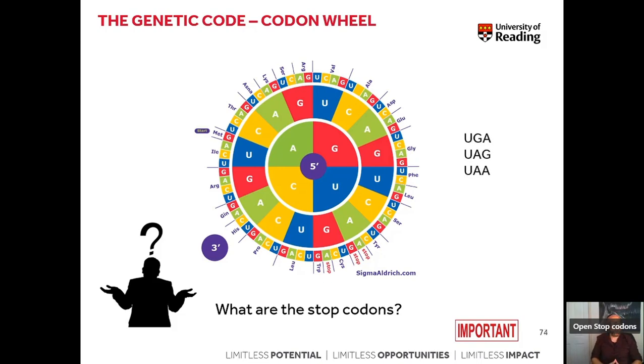Obviously, there are 3 possible stop codons, and the stop codons here are UGA, UAG, and UAA, right? So if we look at this stop codon, we need to start with U. The second letter is going to be A, and then A. Next one is UAG, and the last stop codon is UGA.